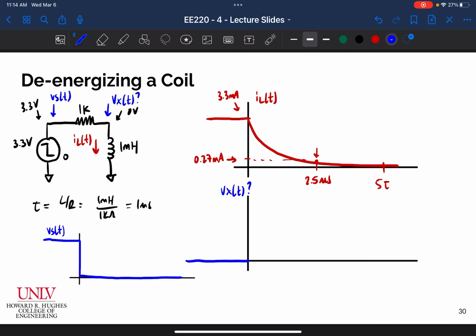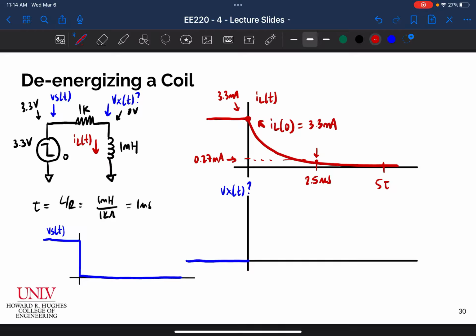The question then becomes, what happens at the transition when the pulse source goes down to 0? Well, I know that the current through my inductor cannot change instantaneously. We see that it doesn't just shoot down; it starts to change gradually. So at this very instant, at IL of 0, which is our initial condition, it's 3.3 milliamps.